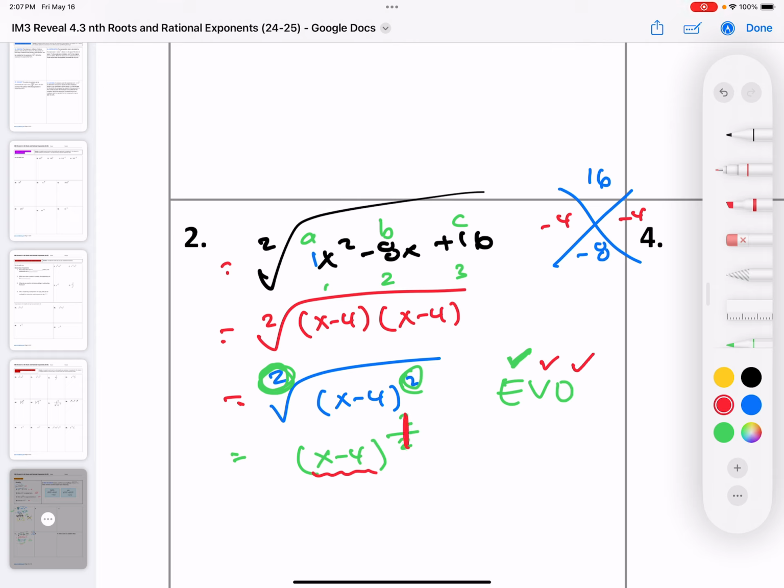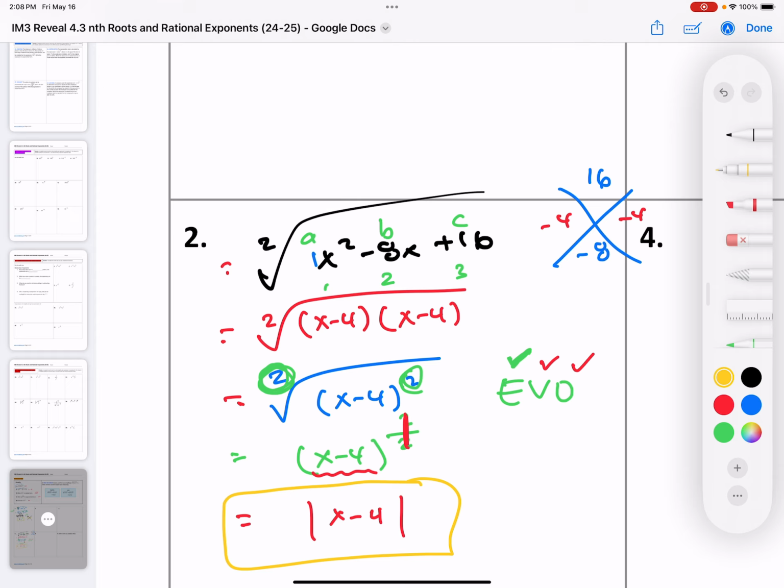The answer is yes. So the whole answer is in absolute values. That would be my answer. That one was a little bit tricky, and it's not going to be on the test because we haven't practiced factoring and then doing the stuff that we've been learning this week. Okay?